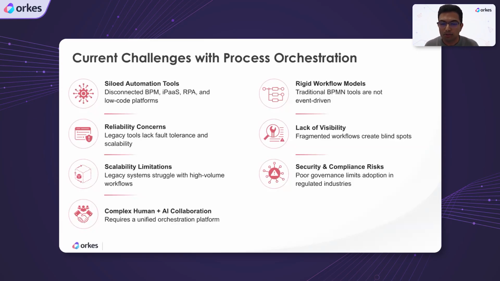The traditional tools for process orchestration are more rigid, more rules-based, and they're ill-equipped for the modern event-driven architectures that are prevalent today. And then finally, lack of end-to-end visibility, and the security and compliance risk that comes along with the older solutions.